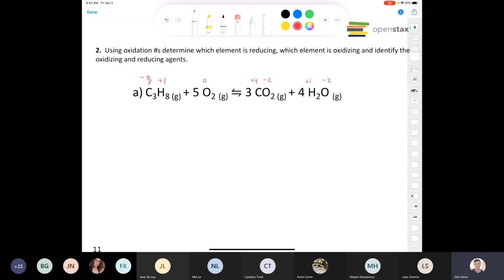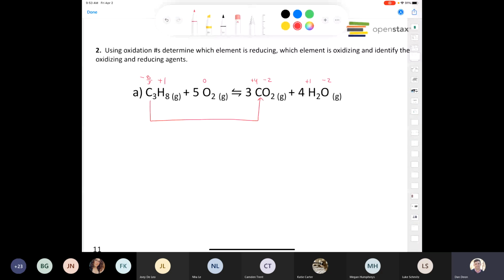So now we can figure out who's changing oxidation state. So who's being oxidized and reduced. You can see there's no effect on the hydrogen, right? It goes from +1 to +1. So we can just forget about that. But we see that the carbon is going from negative to positive, right? -8/3, which is around -2.7, to +4.